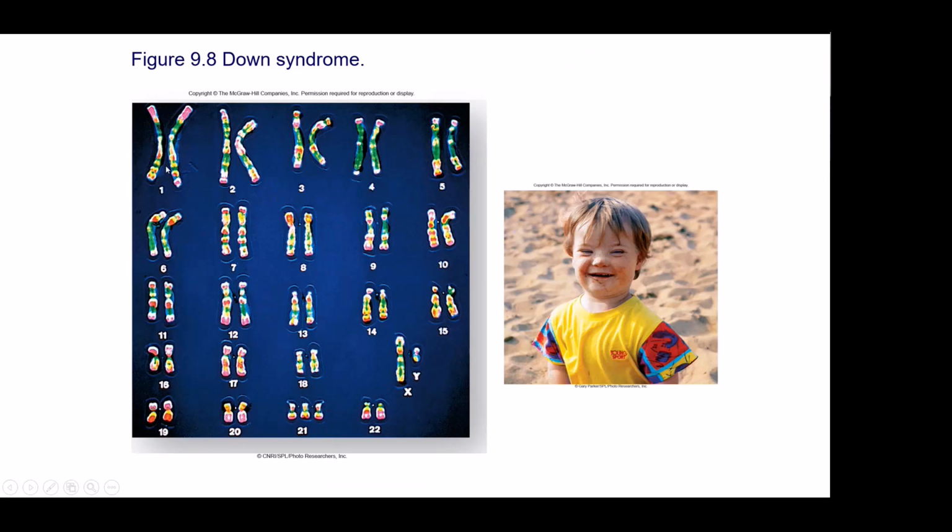Essentially, what you have to do is you take a picture of it, and then you have to cut the photographs of the chromosomes apart. There's really no way to get them to synapse this way. But here you can see, in this case, there was a non-disjunction, and this young lad got an extra chromosome number 21.